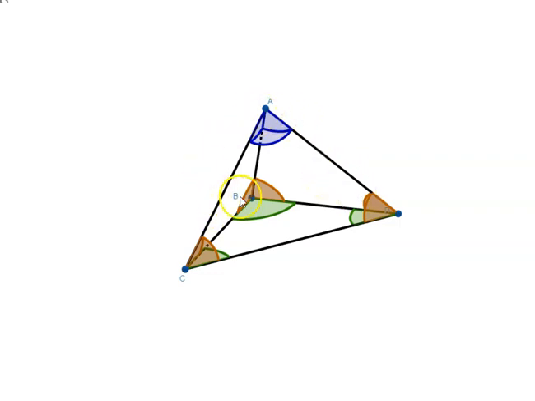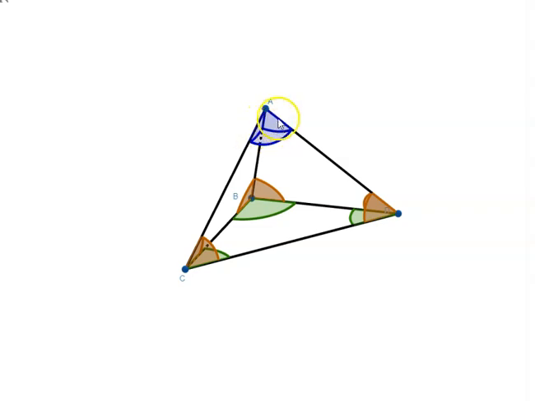Out of these 9 angles, 6 orange ones and 3 blue ones. When we sum up these 6, we get greater than 2 right angles.